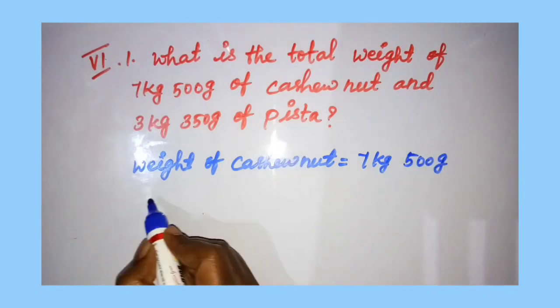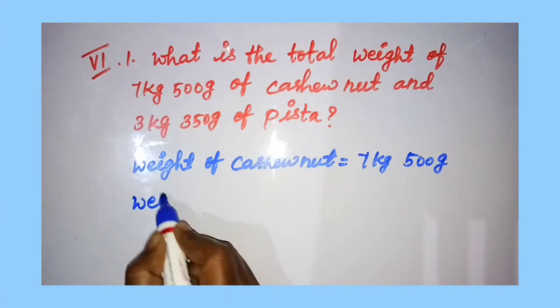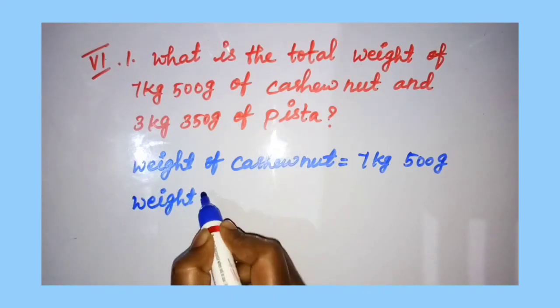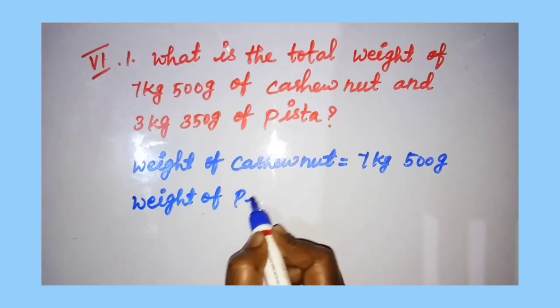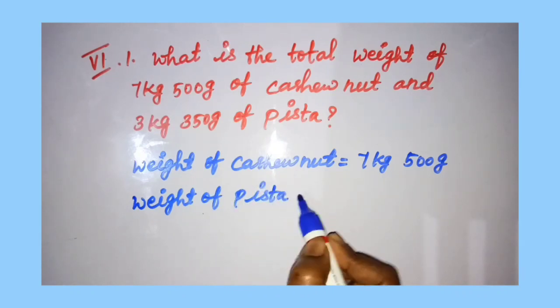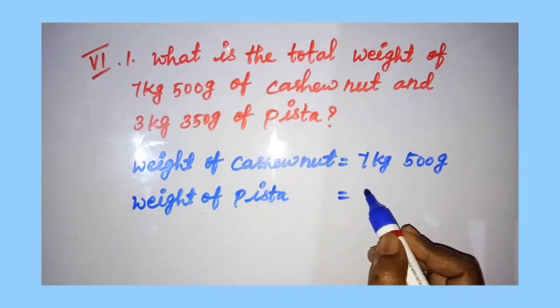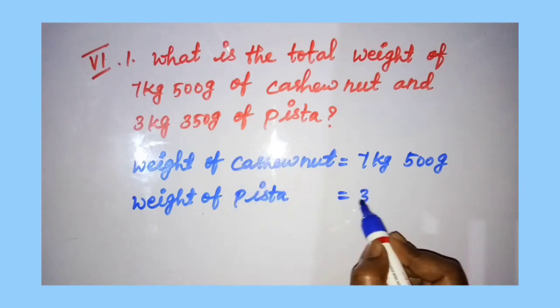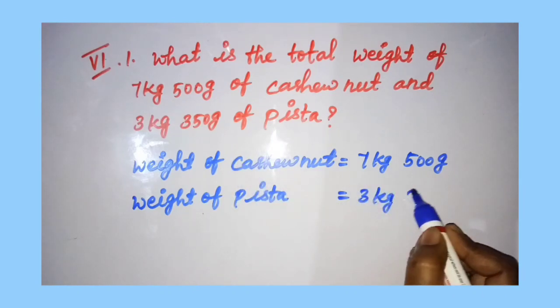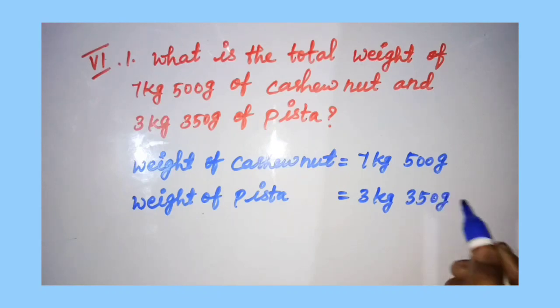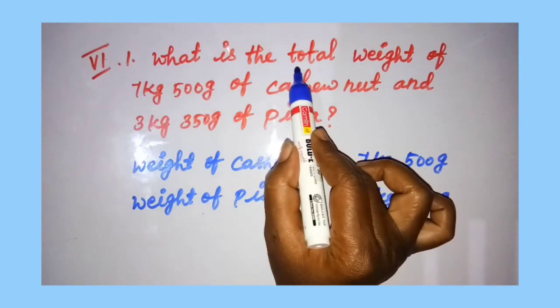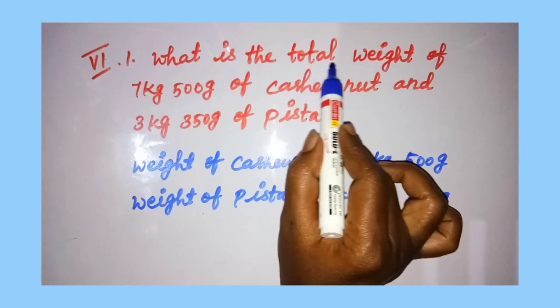Next, for pista, we write weight of pista is equal to 3 kilogram 350 gram. In this question the word total is given.